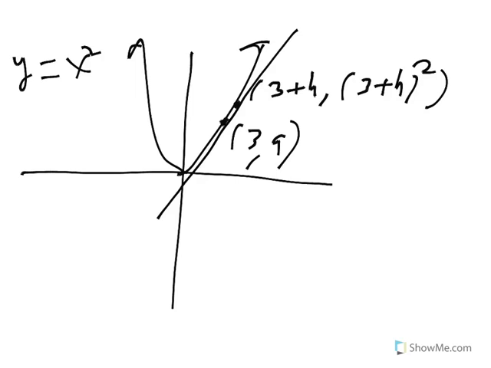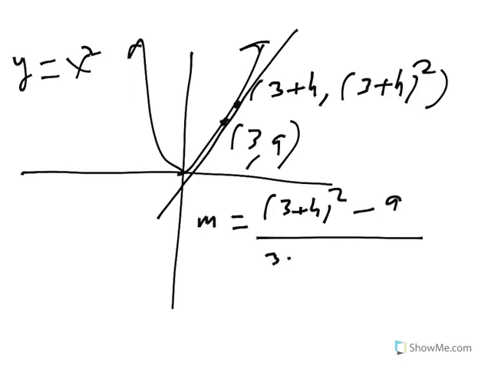The closer h is to 0, the closer the 2 points are together, the more accurate the answer. When I actually calculate out the slope of this thing, I get y2 minus y1 over x2 minus x1.